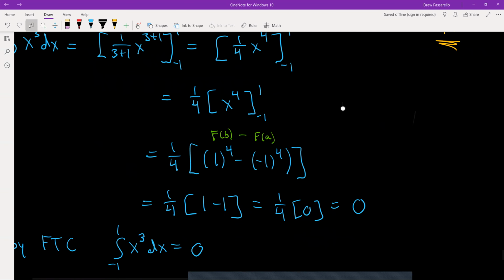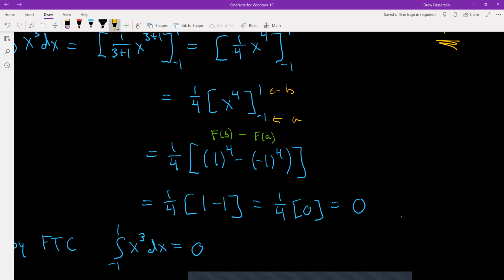We got the antiderivative to be 1/4 times x to the fourth, but you can factor out the 1/4 and just focus on the x to the fourth part. Then in brackets, you'll see 1 to the fourth minus negative 1 to the fourth. Our a is the lower value, negative 1, and our b is the upper value, 1, and you just do the upper value evaluated in the antiderivative minus the lower value.